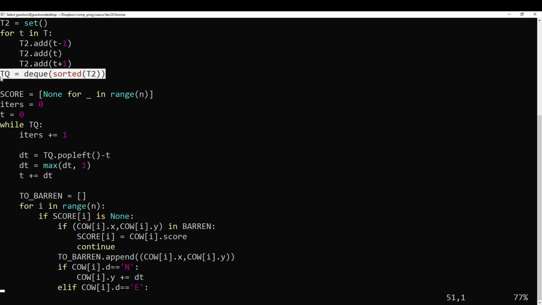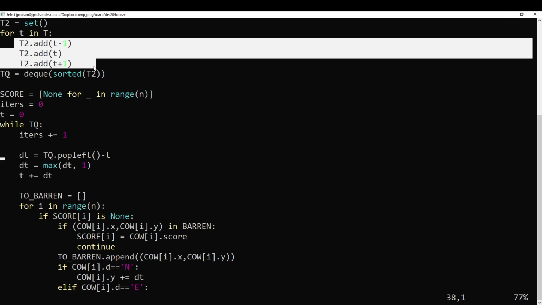And so anyway, the idea is that you can jump forward to these times. So while there's still interesting times left to look at, figure out how long it is till the next one of those. Make sure that's at least 1. Actually, that's probably not strictly necessary. I see.